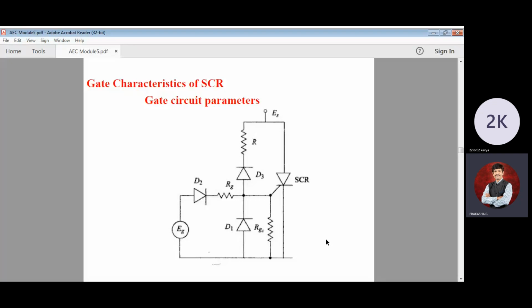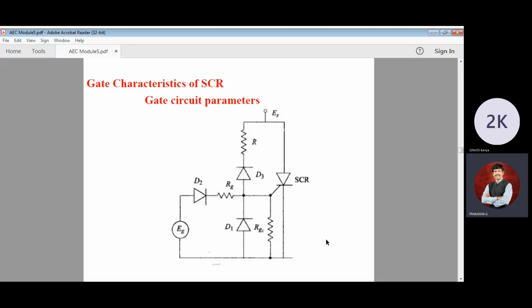To avoid that negative current, I am going to use D1. ES has been given, and current is flowing through this one. As we have discussed in the previous circuit, I am giving the ES through this one, and the anode current is coming.